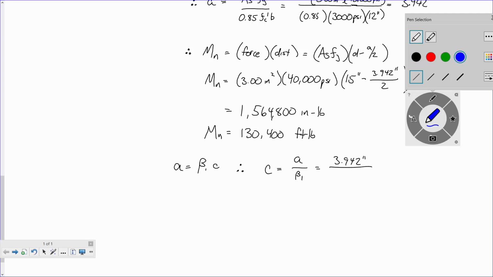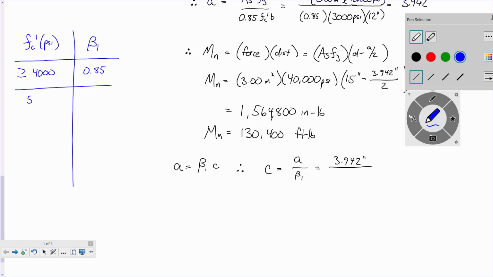Okay, so watch this. This little beta 1 equation. I'm going to say f c prime in PSI, and I'm going to say, what's beta 1? Now, if you're dealing with any f c prime value that's less than or equal to 4,000, this is 0.85. And then every 1,000, you drop an increment.